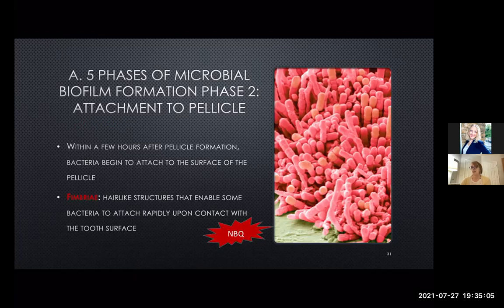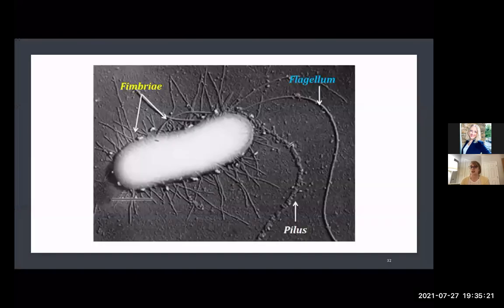Now, these little guys, they're called fimbriae, and they're little finger-like projections that enable some bacteria to attach really rapidly. It's like they're floating around and then all of a sudden they're latched together. And this is what they look like. These little fimbriae attach to bacteria that get near to it. And then the flagellum, that's like a tail that whips and helps the bacteria move throughout the mouth.